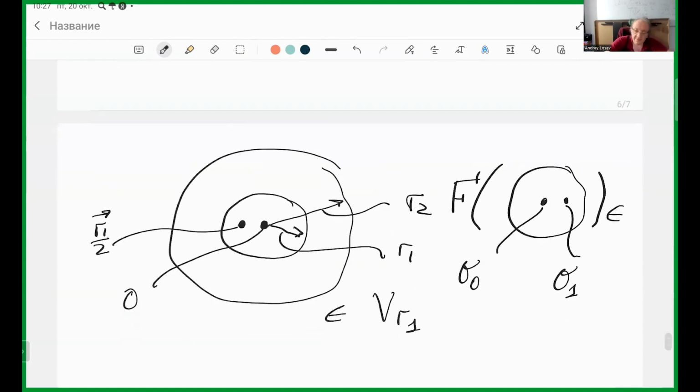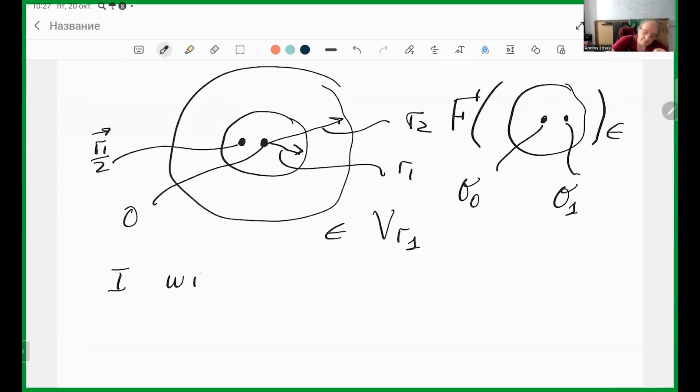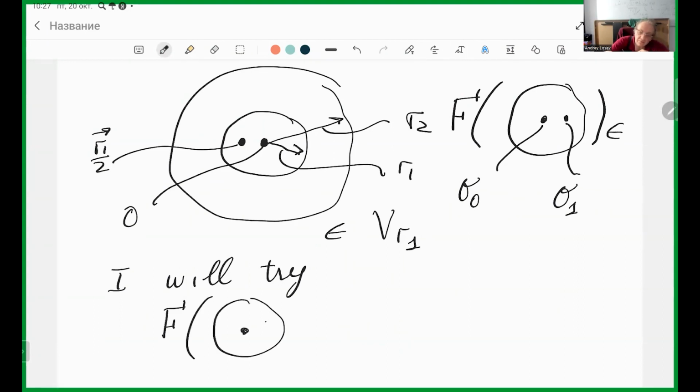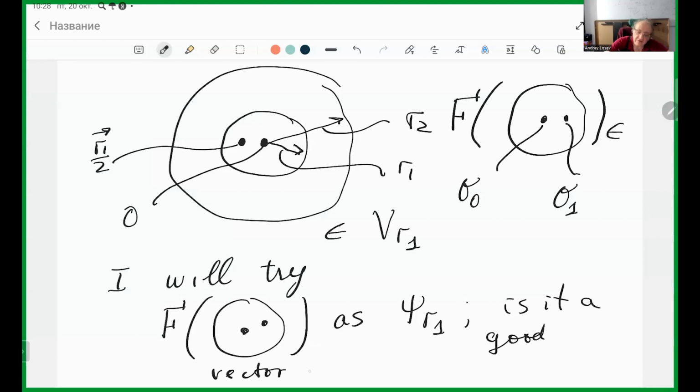And then I will try it as psi R1. Okay. Is it a good vector valued function of R1?